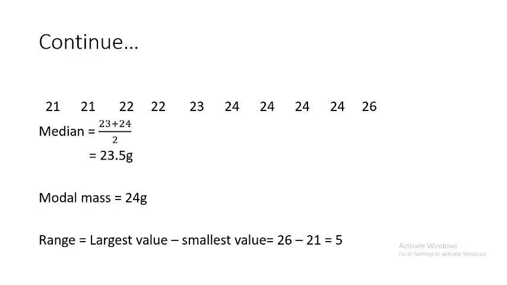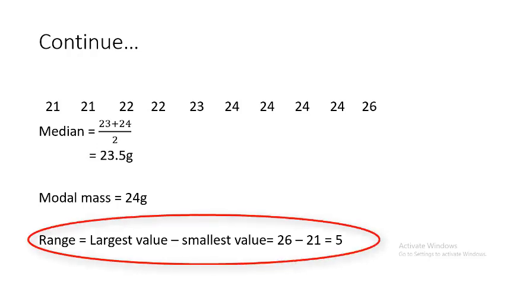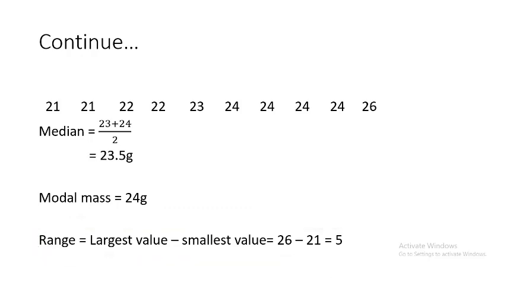Range: we just identify the largest value and the smallest value. To find the range, we subtract the smallest value from the largest value. Our largest value in this set of data is 26 and the smallest value is 21.